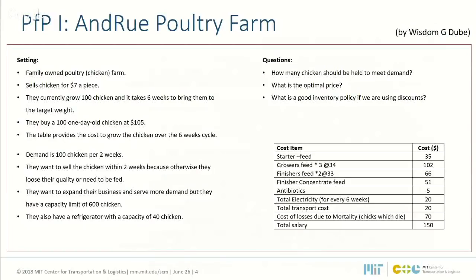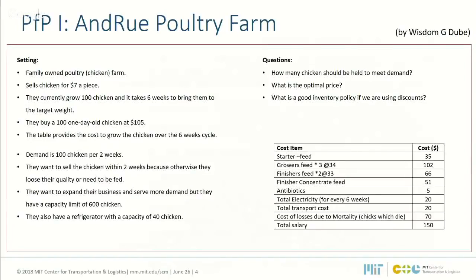And then they have additional costs, like the different feeders that they need at different stages of the chicken's life cycle, antibiotics, some electricity, transportation costs, salaries for their workers. That's in the table. That's the additional cost over that six-week cycle to grow the chicken to the target weight.